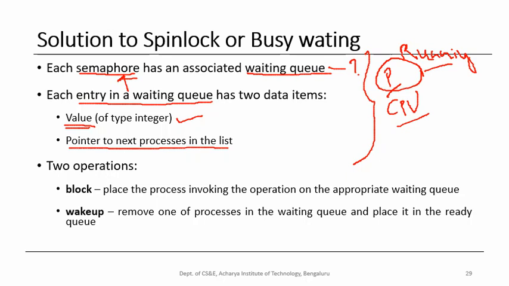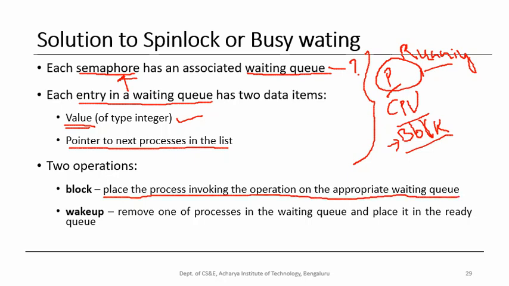So when we see this P is busy waiting, a block operation is invoked by this process, which will place this process into a waiting queue.